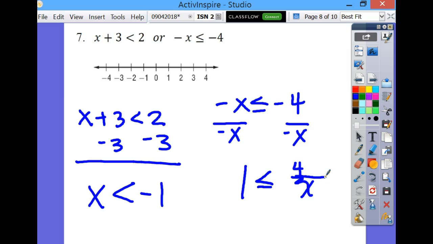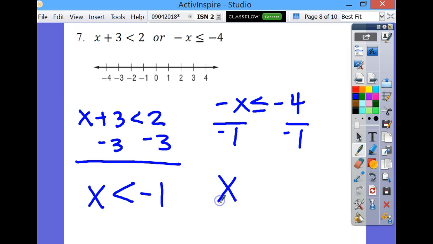I still haven't solved for x because it's still there. It's still not isolated. And so what you should be dividing by is negative 1. I don't want to cancel out the x. I just want to cancel out the negative. Negative divided by a negative makes a positive.